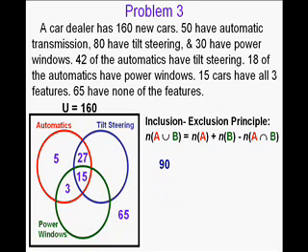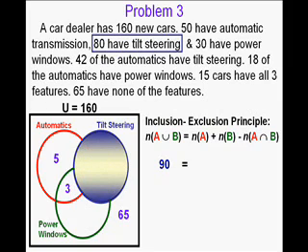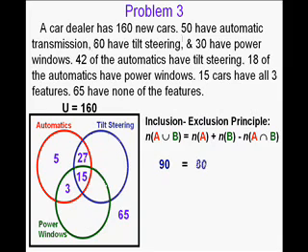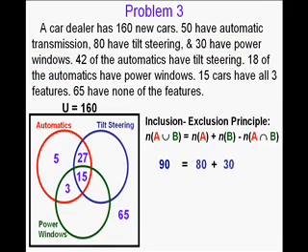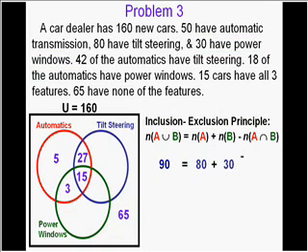Now that I know that the union is 90, I can use the inclusion-exclusion principle, knowing that the tilt steering amount is 80 and the power windows amount is 30. I'll have only one missing variable here, won't I?